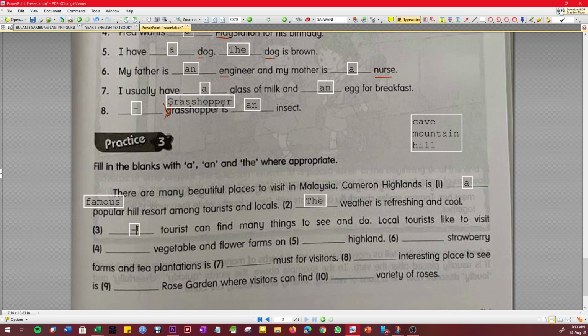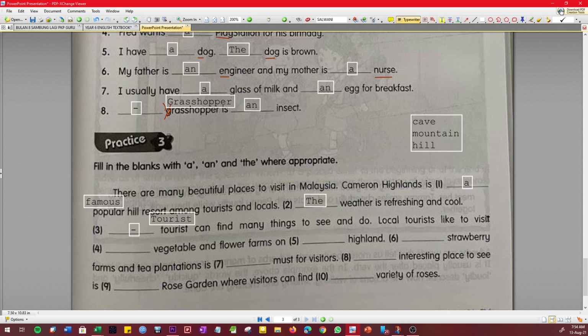So we put none, hyphen. Maksudnya tak ada. So I want you to change T into, so it becomes like this. Tourists. Okay. Can find many things to see and do.